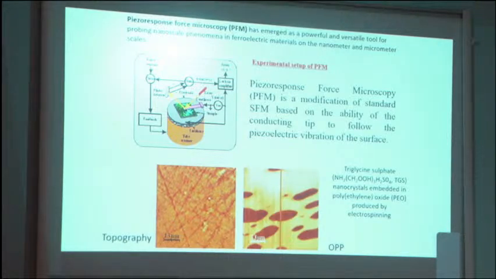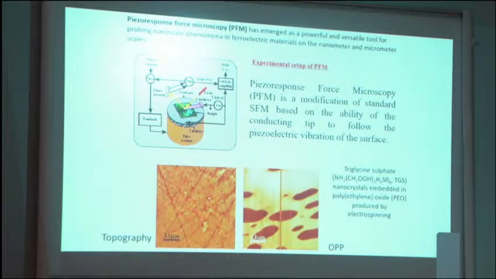In parallel we determine topography. We apply additional voltage on the cantilever, and for piezoelectric material, we have additional deformation. This deformation is the same as a topography effect.